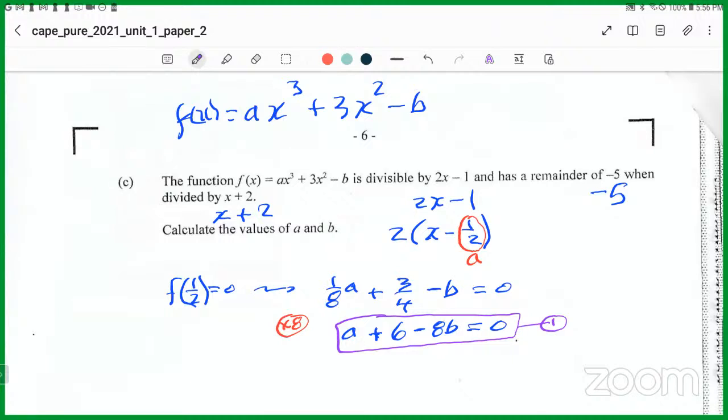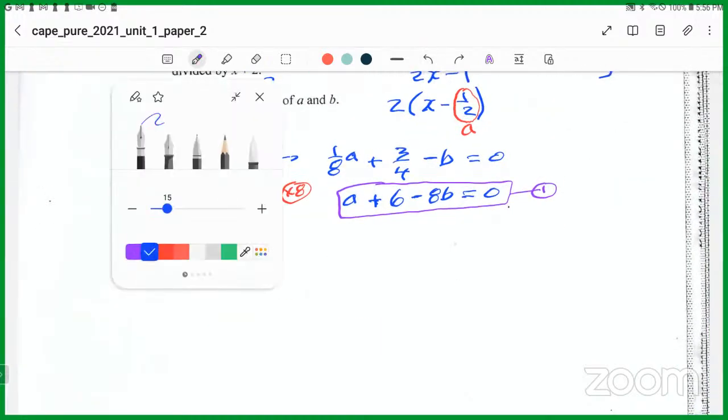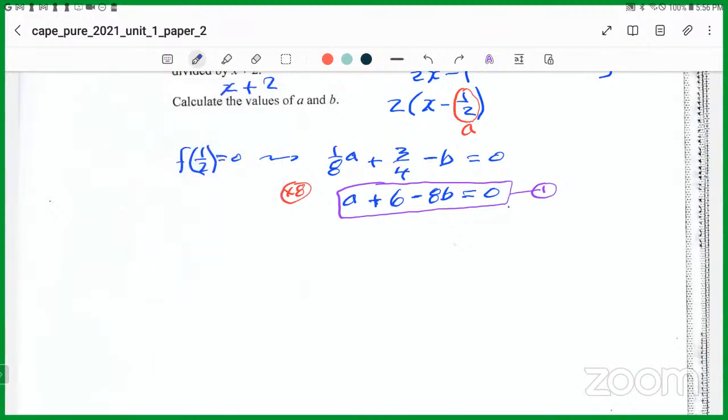Then now the remainder is negative 5 when the divisor is x plus 2. So that means the remainder from x plus 2 is negative 5. It means that f of negative 2 is negative 5. That's going to give my second equation right here.